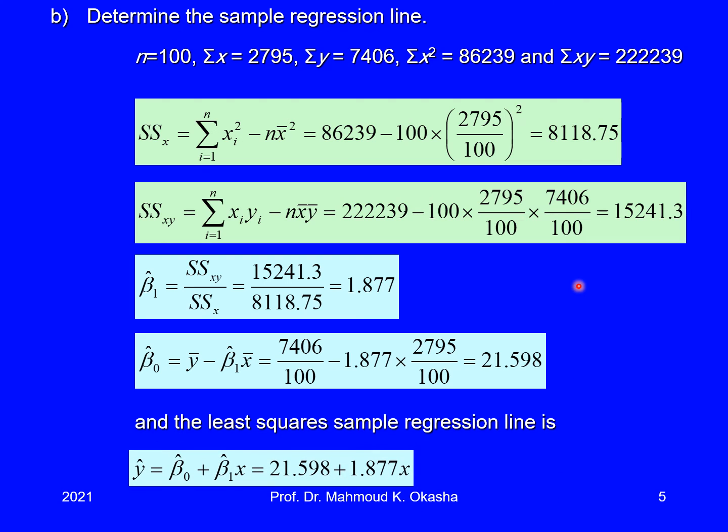Then we have the least squares sample linear regression line: y hat equals beta naught hat plus beta 1 hat times x, which is actually 121.598 plus 1.877x.